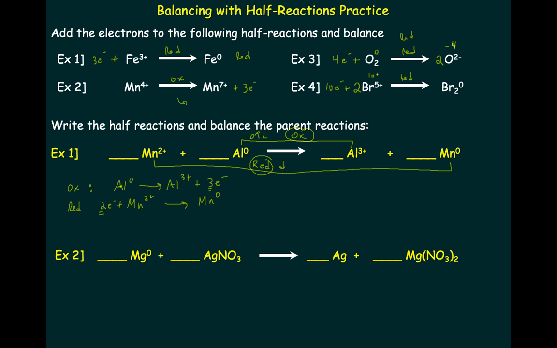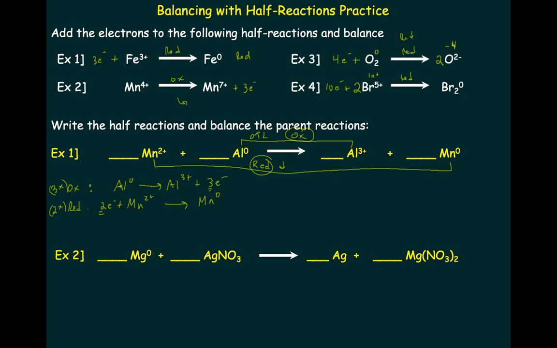So what we're going to do in this case is multiply this reaction by a factor and multiply this reaction by a factor so that we get the electrons equal. So watch what I'm going to do. I'm going to multiply this reaction times 3 and this reaction times 2. And what that's going to do is make 6 electrons on both sides. That makes life a lot easier for us.